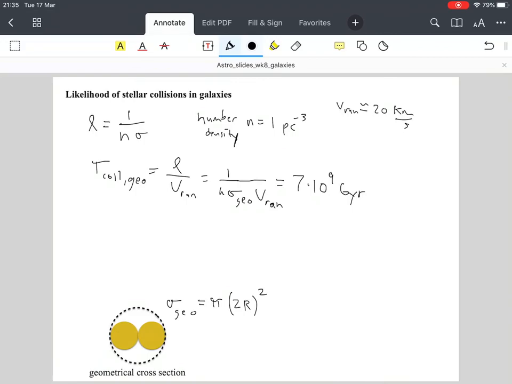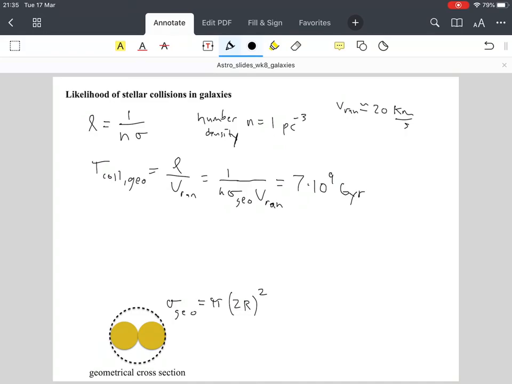So you're a factor of 10 to the 8 larger in time. And actually, the entire age of the universe isn't much more than 10 billion years on this scale. It's on the same order of magnitude. So we're talking a much longer time than the entire age of the universe. And so this is extremely unlikely.